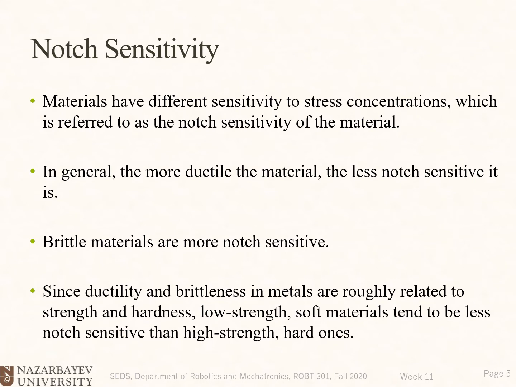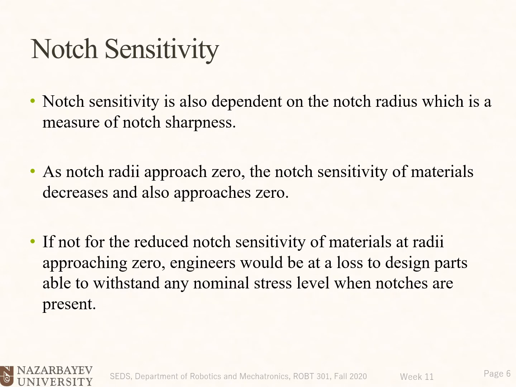Since ductility and brittleness in materials are roughly related to the strength and hardness, low strength soft materials tend to be less notch sensitive than high strength hard ones, or than brittle ones. Notch sensitivity is also dependent on the notch radius, which is a measure of notch sharpness.